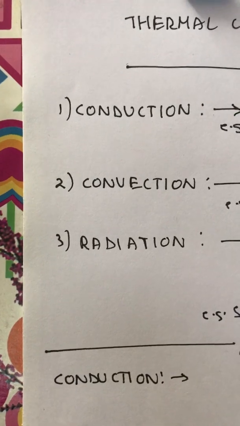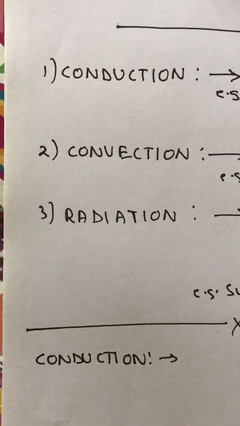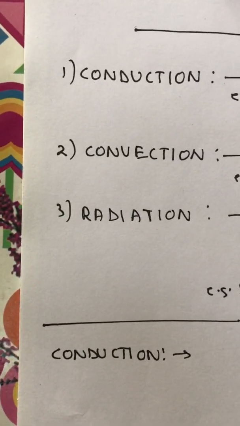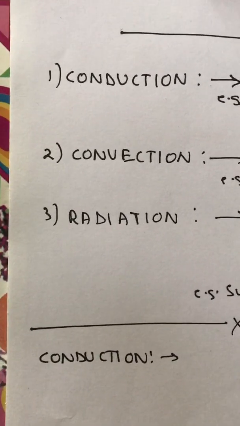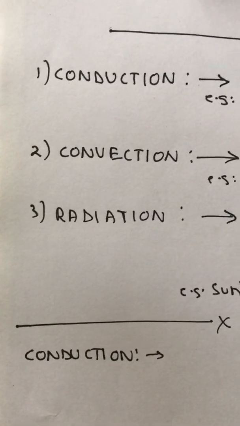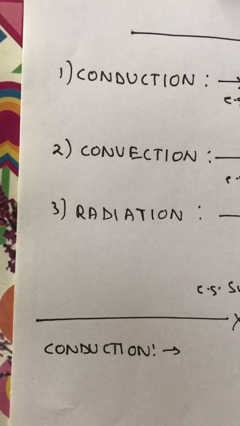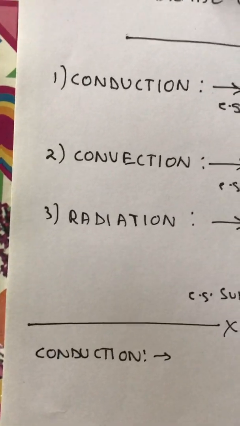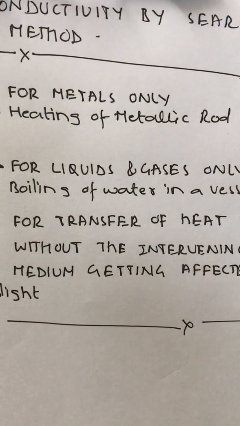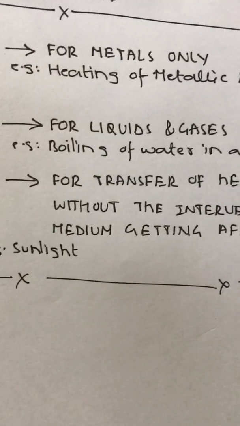That fire will keep them warm from the atmospheric coldness, correct? But here you can see radiation. Even though there is no physical contact between the people sitting around the fire, they still feel the warmth of the fire. That is the radiation. Another example is of the sun's rays reaching the earth. Now for radiation to take place, there is transfer of heat without the intervening medium getting affected.